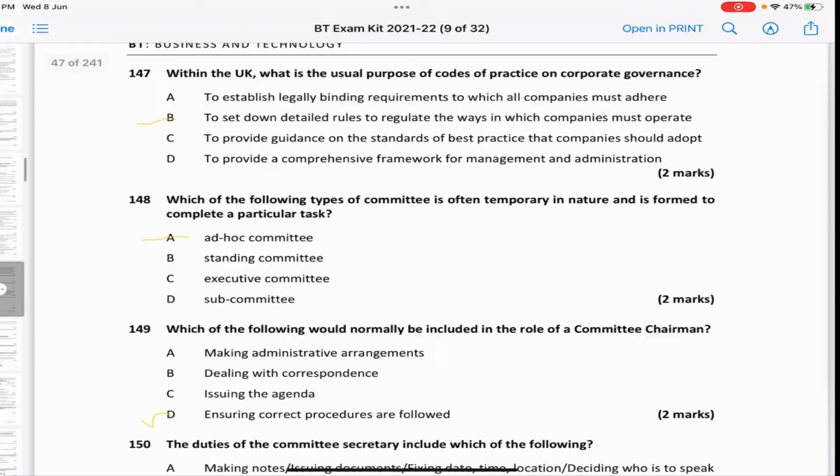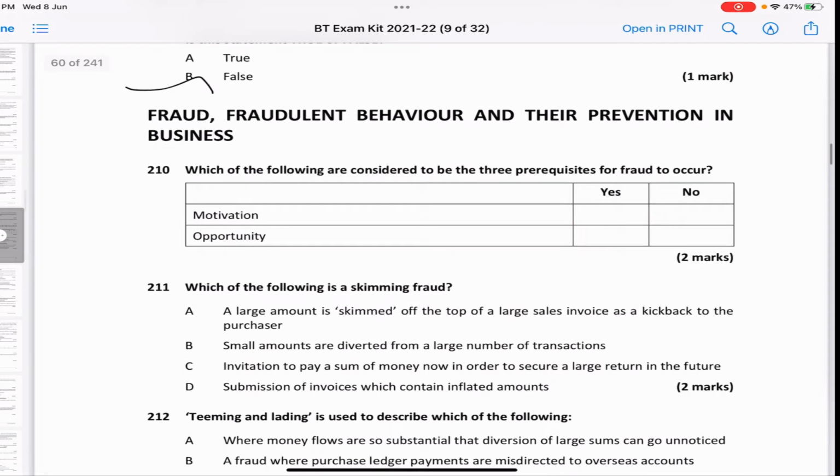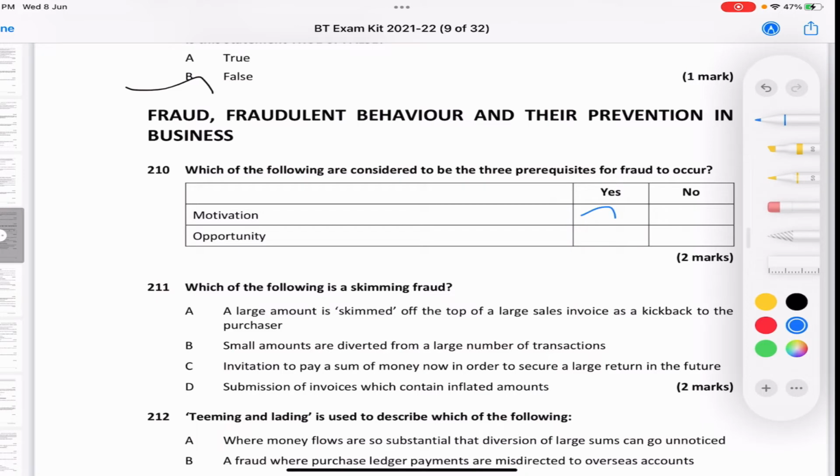Okay, so let's start with fraud. Which of the following are considered to be the three prerequisites for fraud to occur? Motivation and opportunity.